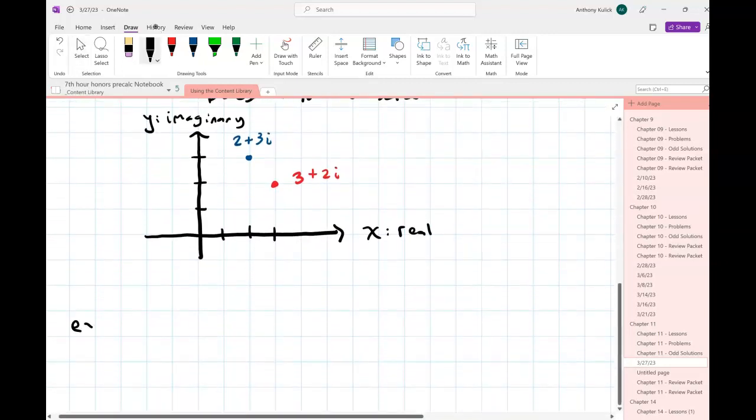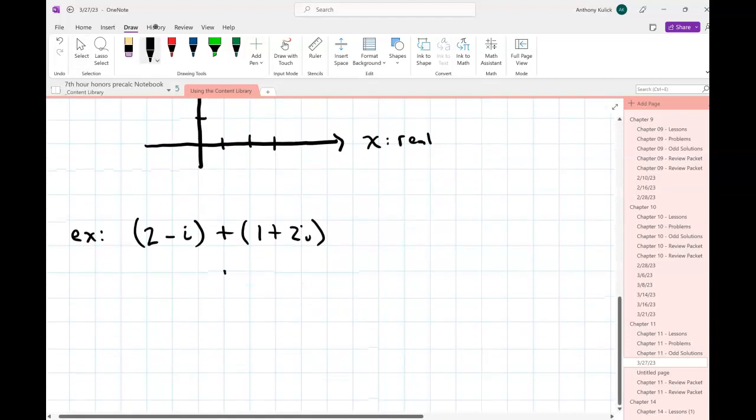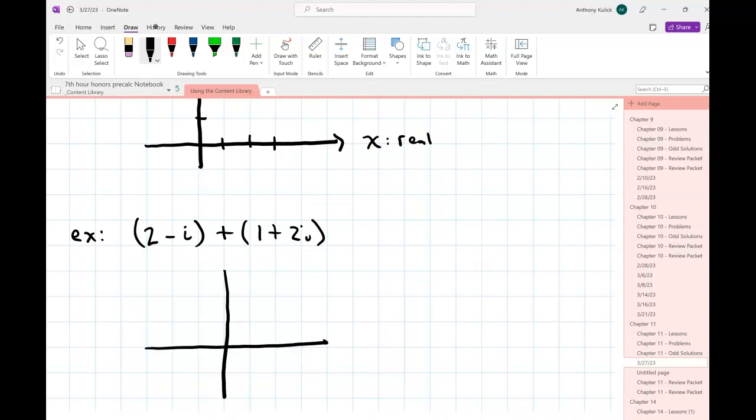So for example, if I wanted to add the numbers 2 minus i with 1 plus 2i. Well, 2 minus i would be here.